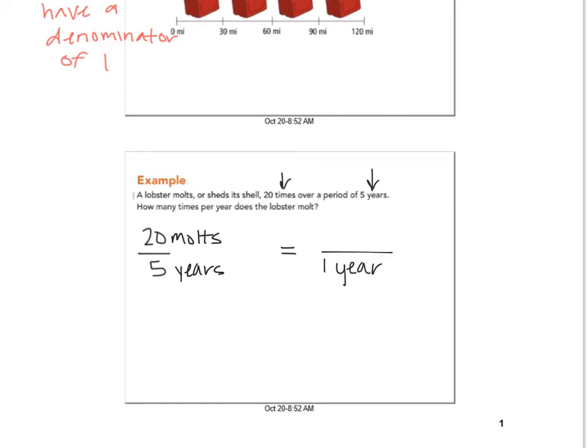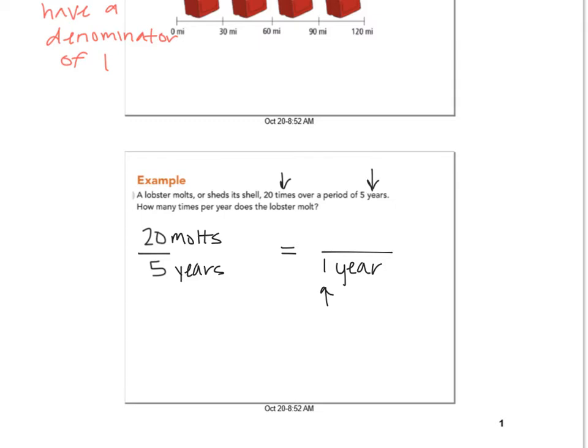Because we always defined our unit rate, we have to have a 1 at the bottom. We have to have a 1 in the denominator. So what we do to the top, we always do to the bottom. So all we're doing here would be reducing it down to find what it is in 1 year, or how many molts in 1 year.